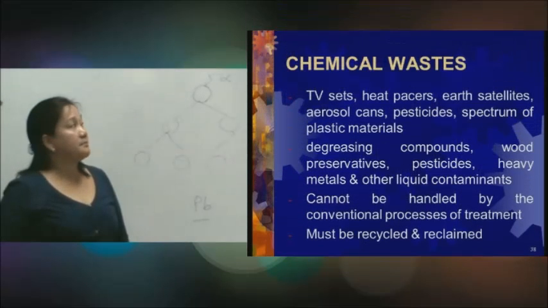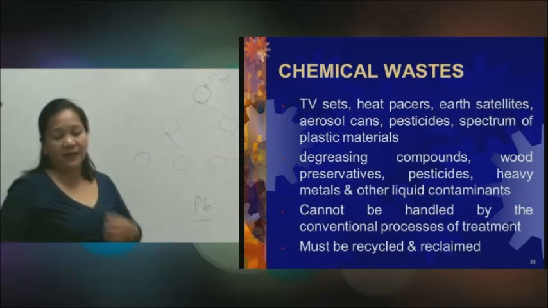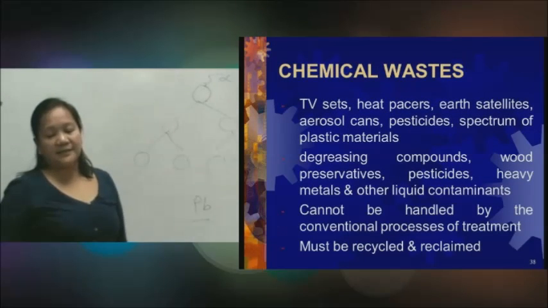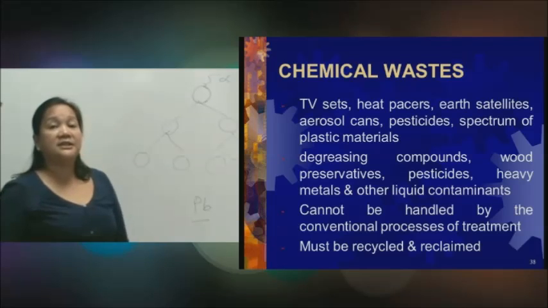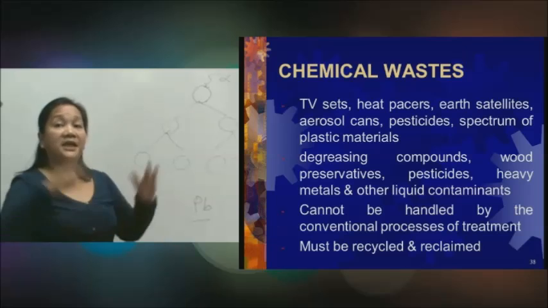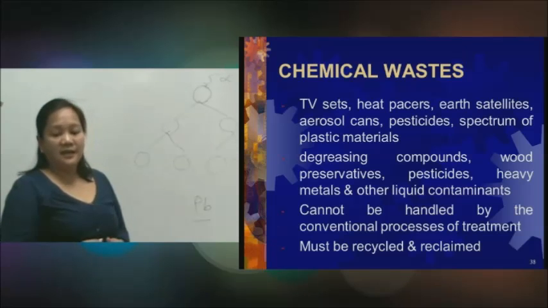Now, our next hazardous waste are the chemical waste, examples of which would be TV sets, heat pacers, earth satellites, aerosol cans, pesticides, spectrum of plastic materials. So what do you notice? These are big and huge solid waste materials that because of their composition, they are classified as hazardous waste.